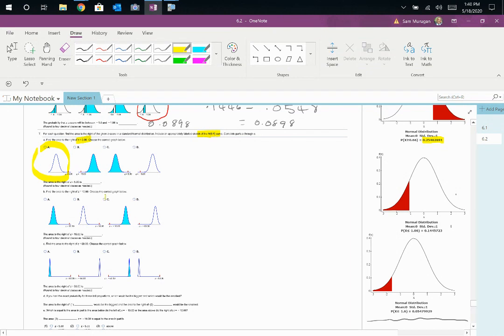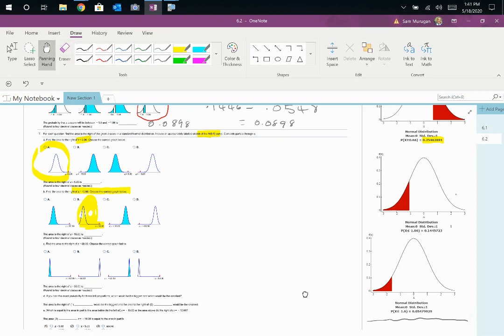And to the right of 10, which one would show to the right of 10 here? To the right of 10 would be graph B. There's nothing on the left shaded, everything to the right.